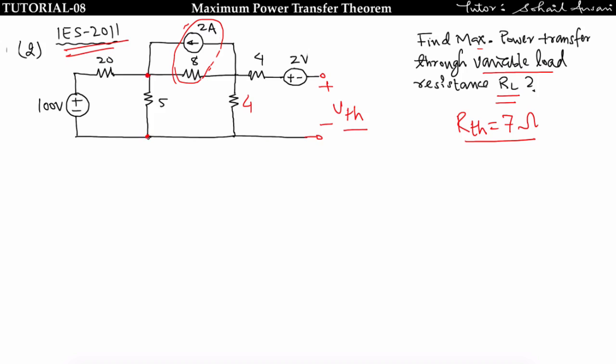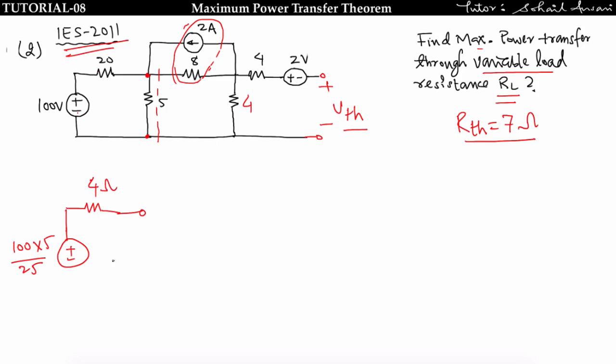I have already given you the shortcut when I was teaching you nodal. This much circuit is replaced by one voltage source whose value is given by 100 multiplied by 5 divided by this resistance plus this resistance, 25, in series with 20 parallel with 5, that you will get 4 ohm.